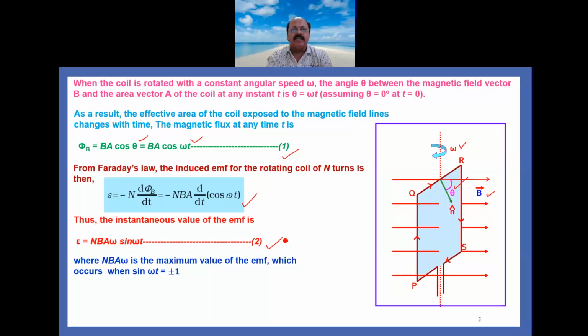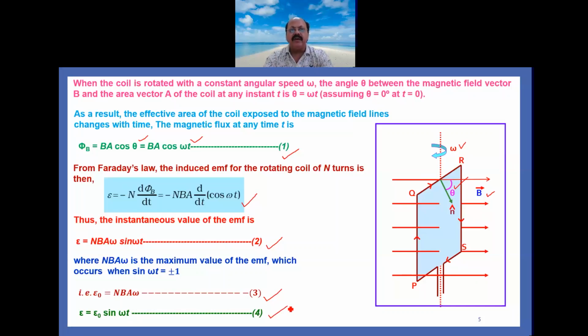This maximum value of EMF can be written as E naught. So E naught equal to NBA omega. Mark this equation number 3 and substitute this value in equation number 2. Then you will get E equal to E naught sin omega t. Mark this equation number 4.